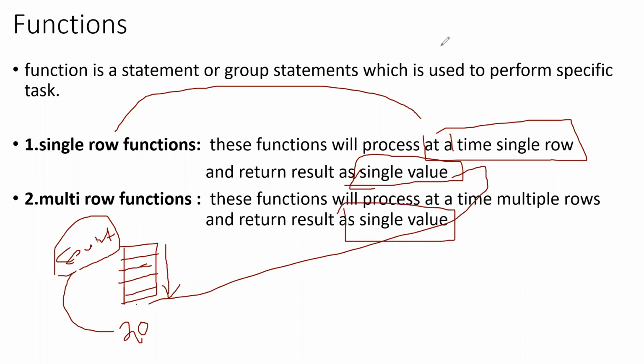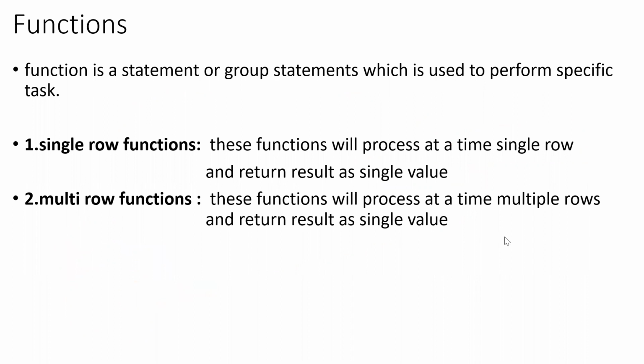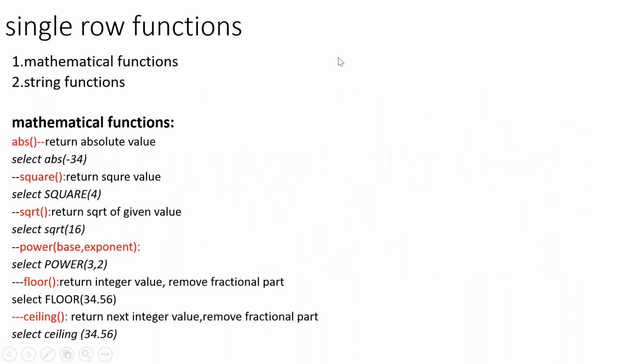Okay. Now let's go further. As you know, multi-row means it can be applied for multiple rows or a single column also. Single row functions: we have two types of single row functions. What are those? One is the mathematical function.